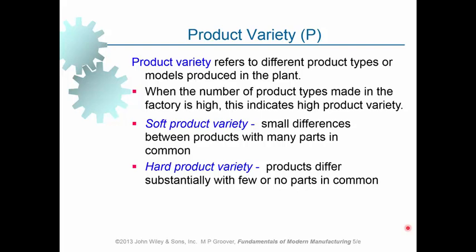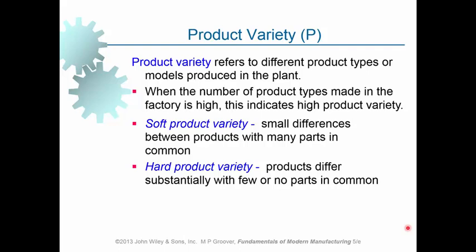The other term that we need to make ourselves familiar with is production variety, or P. Well, production variety refers to the different product types or models that are produced in a manufacturing company or plant.